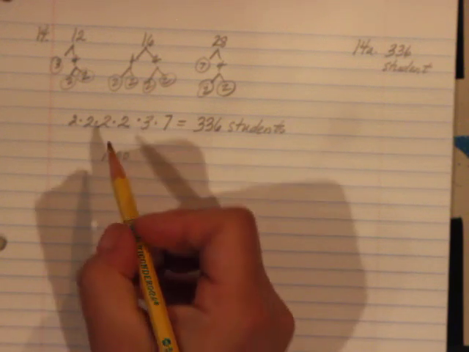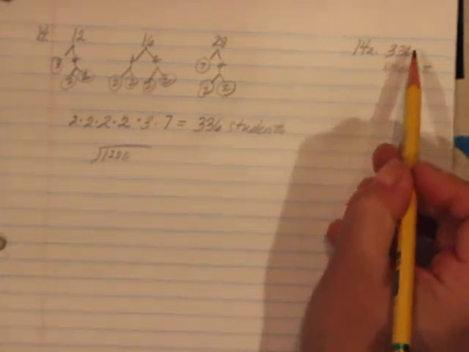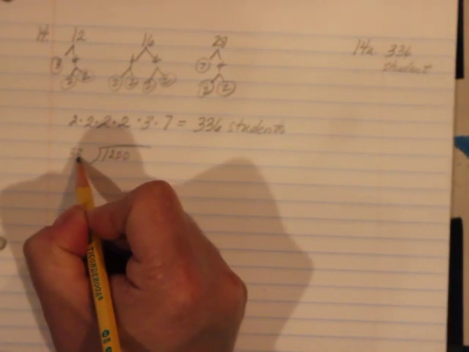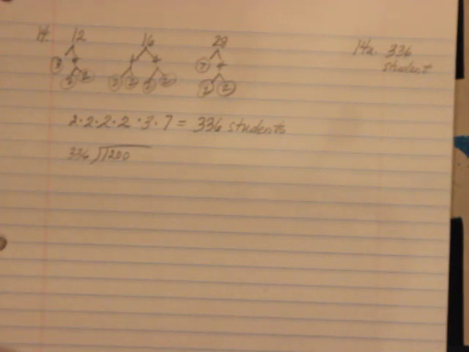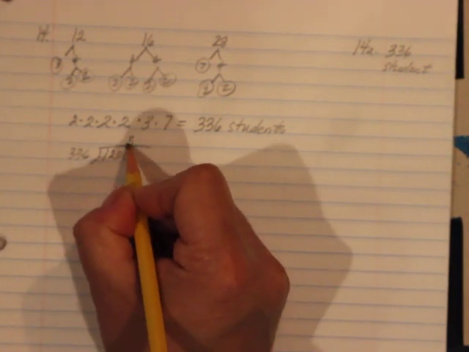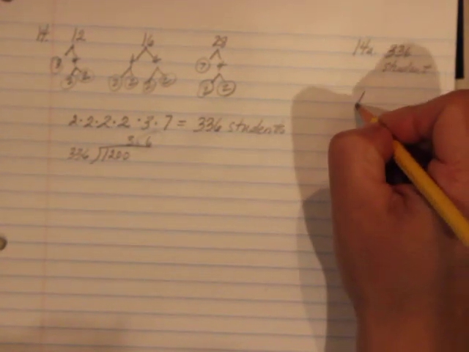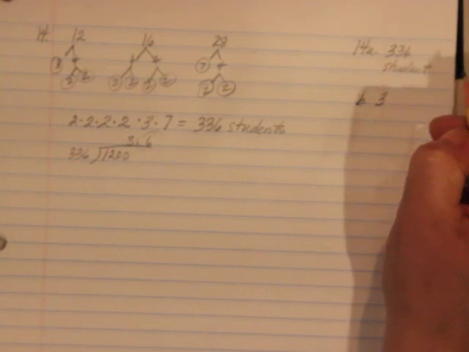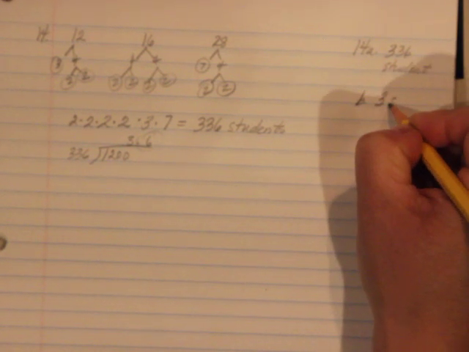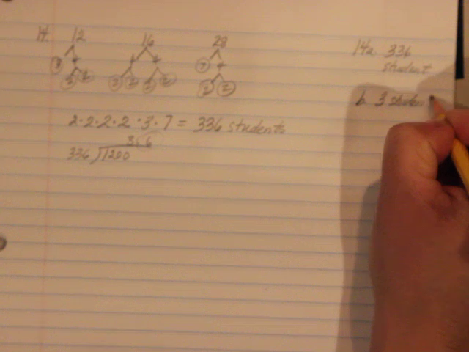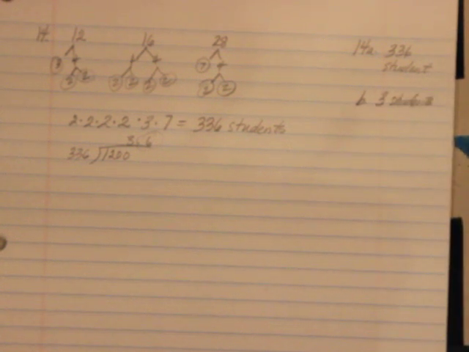Then I should be able to take 1,200 and divide it by this number, my 336, which I just did on my calculator, and I got approximately 3.6. So because we can't have 0.6 of a student, my answer is just going to be 3 students. If 1,200 are polled, 3 of them will end up liking red, white, and blue.